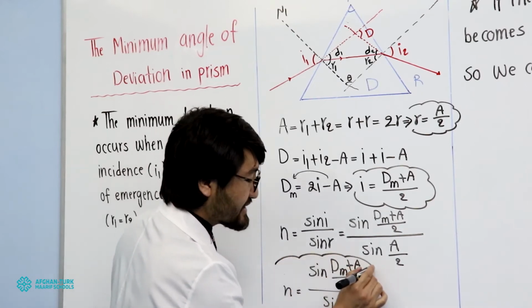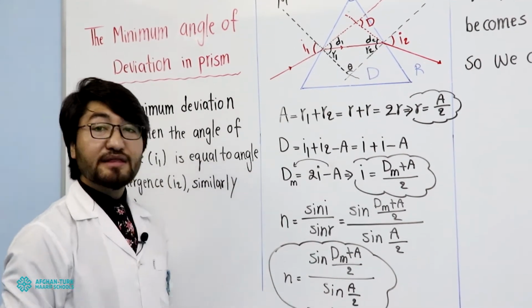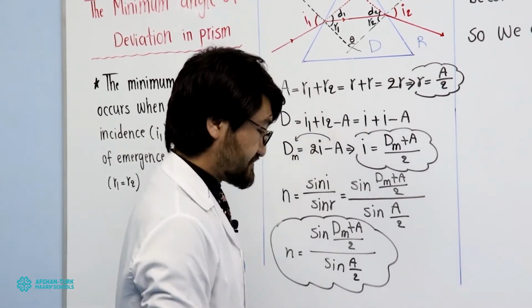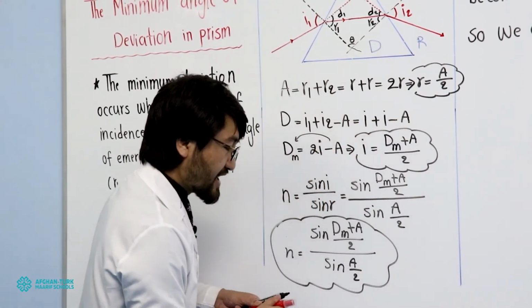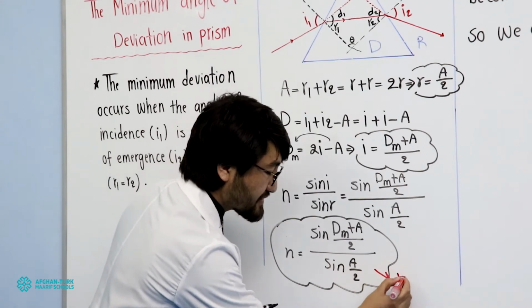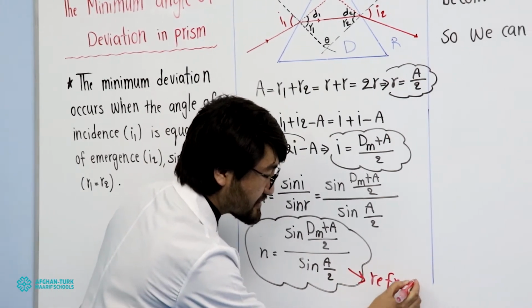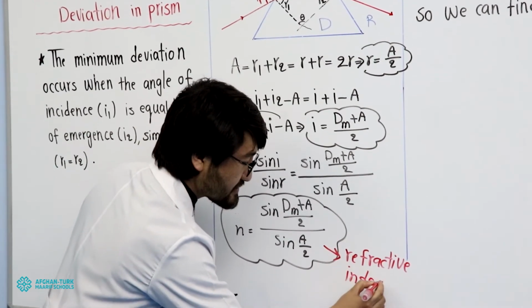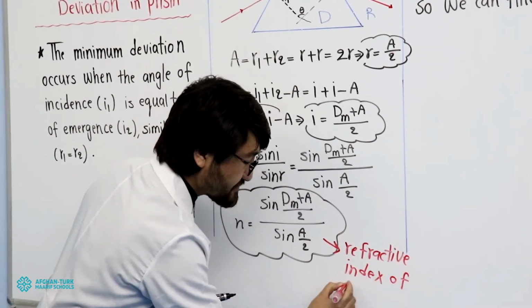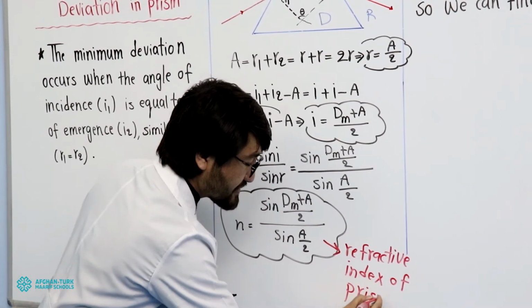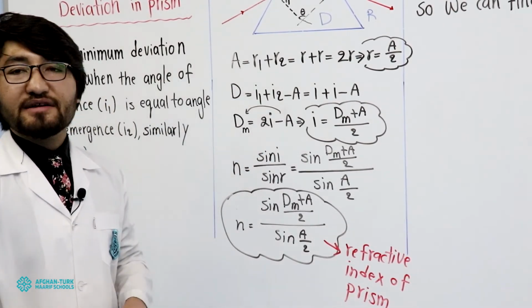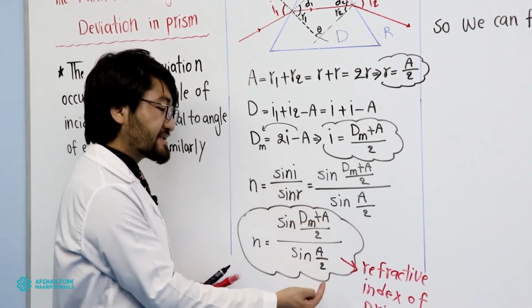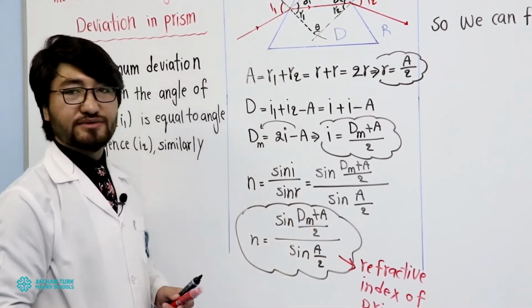This is the refractive index of the prism. From this formula, you can find the refractive index of the prism.